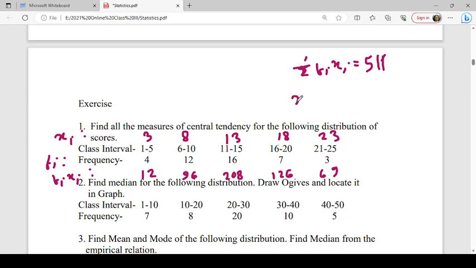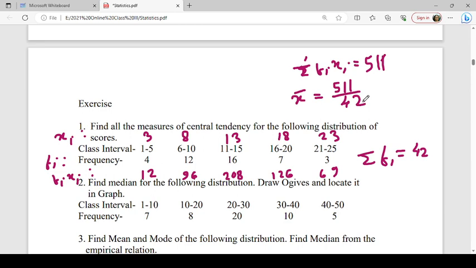And x bar is 511 divided by the total summation fi. What is summation fi? Summing these, 4 plus 12 is 16, 16 plus 16 is 32, 32 plus 7 is 39, 39 plus 3 is 42. So n is 42.